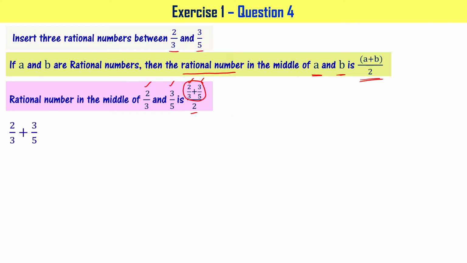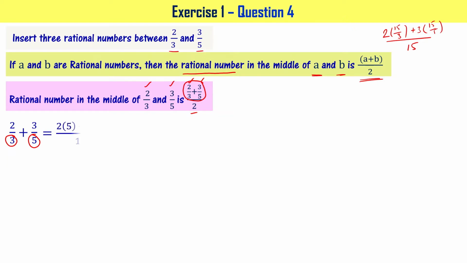2 by 3 plus 3 by 5, look at this. The denominators of these two numbers are 3 and 5. What is the LCM of that? 15 is the LCM, right? Now let me write 2 times 15 divided by 3 plus 3 times 15 divided by 5, right?